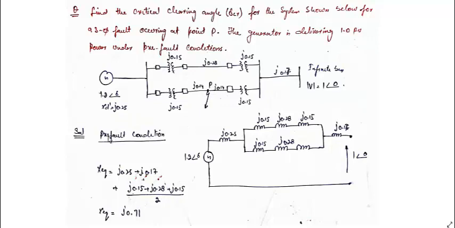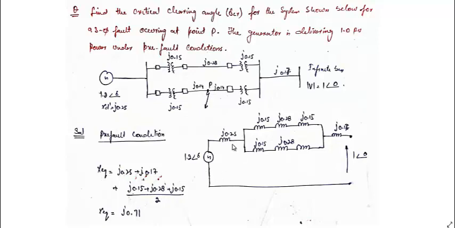For the pre-fault condition, this will be the equivalent circuit. 1.2 angle of delta, this will be xt dash 0.25 per unit, the reactance of the transformer, and of course all the reactances are shown on the same kV base or MVA base. So these are the values: 0.25, 0.15, 0.28, 0.15. We need to calculate the X equivalent.